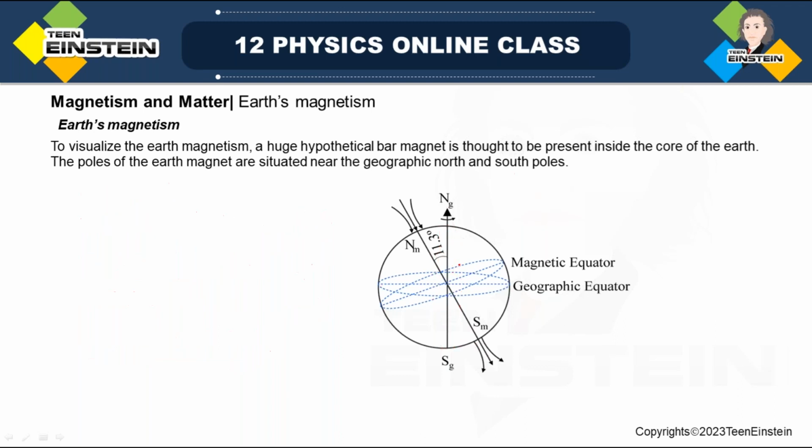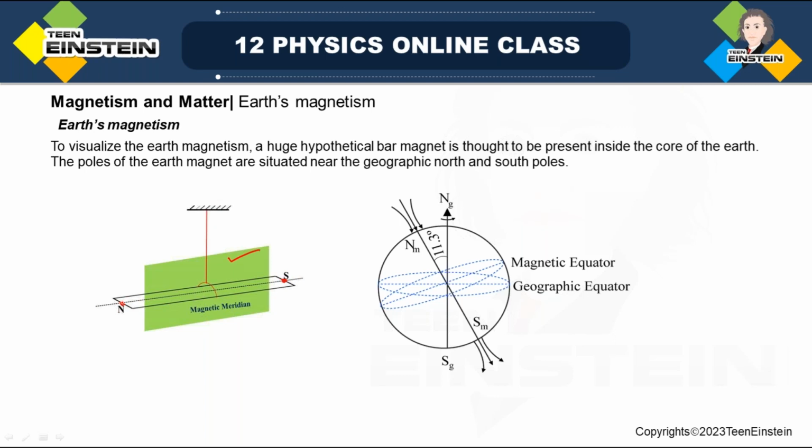And similarly, the magnetic meridian is the plane which is passing through the magnetic axis.